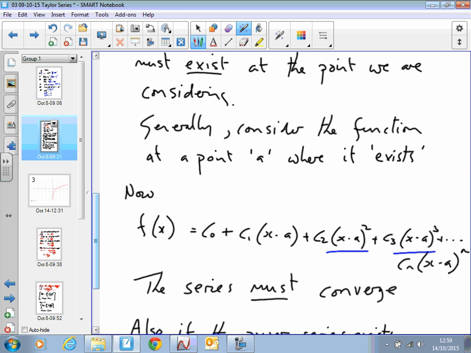And so again, we get the general term cn (x minus a) to the n, where n is some power, and you can see the suffix on the c gives us that coefficient. So that's the general term. So we're saying that the series must exist at the point a, and then we're going to assume that we can write any function f(x) in some sort of power series form. All we've got to do is find out what the values of these constants are, c0, c1, c2, and so on.